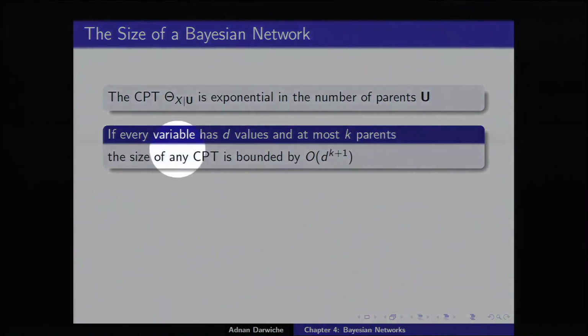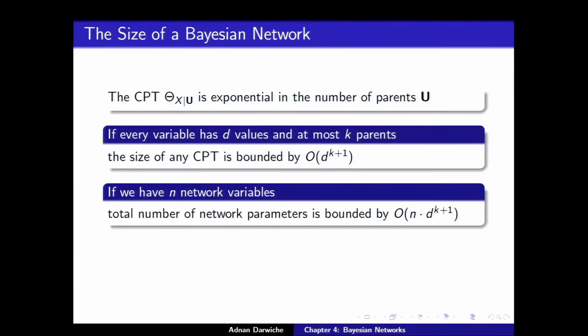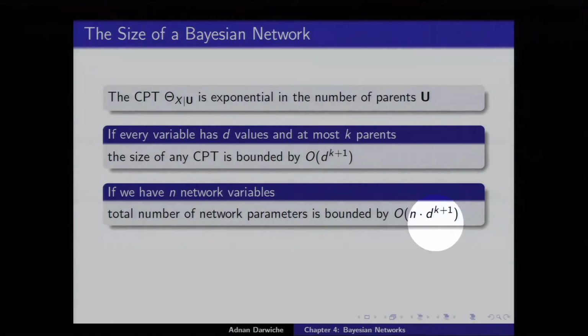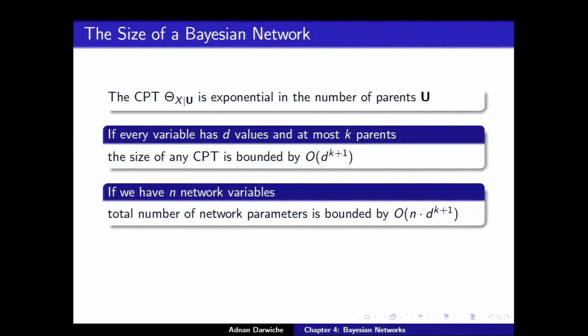If every variable has d values and at most k parents, the maximum number of parents is k in the Bayesian network, then this is the bound on the size of a CPT, right? And since I have n of these CPTs, the size of the total number of CPTs is this. So it's linear in the number of variables and exponential in the number of parents. If the number of parents is bounded, then this is pretty good, right?